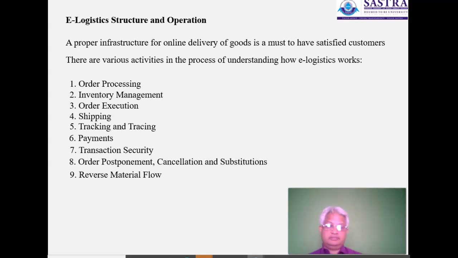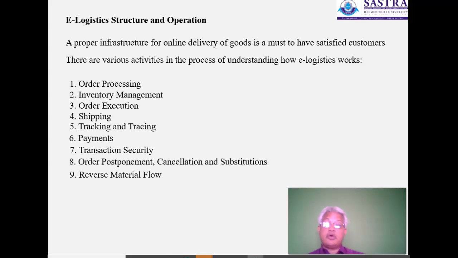There are about 9 different steps written here, which will be elaborated one by one. Those 9 important elements of how e-logistics works constitute order processing, inventory management, order execution, shipping, tracking and tracing, payments, transaction security, and what happens if there is order postponement, cancellation or substitution, and finally the reverse material flow, famously known as reverse logistics.